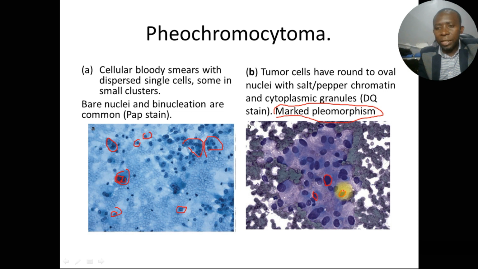The cells are not of the same size and the same shape. This is oval. When we look at this one, it tends to be round. And then we talked about the blood background. So this is a hemorrhagic background here. This is a blood background, and this is very significant, and this is diagnostic in the cases of pheochromocytoma.